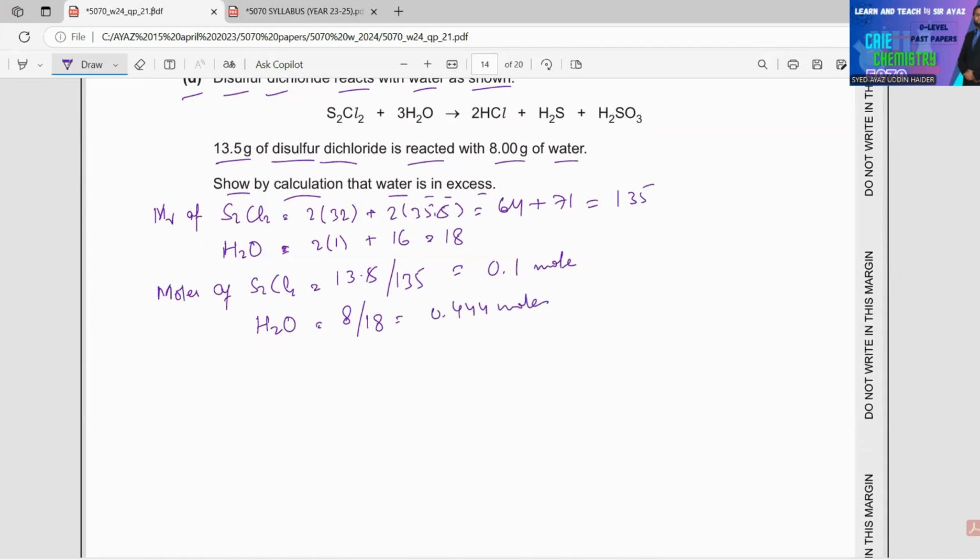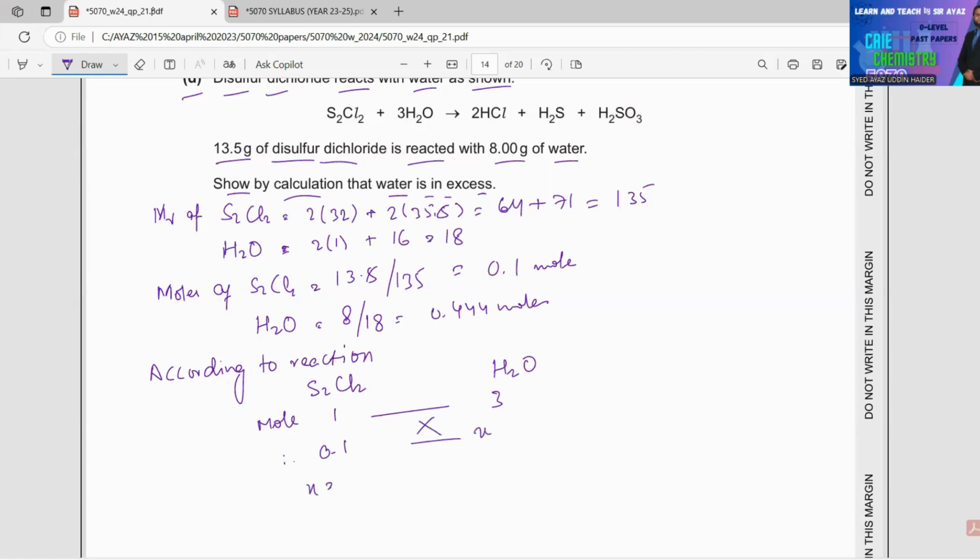Now, according to the reaction equation, S2Cl2, H2O, we have 1 mole reacting with 3 moles. Therefore, 0.1 mole reacting with X mole.